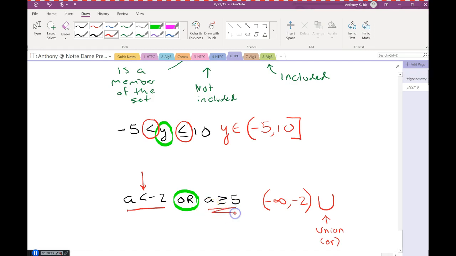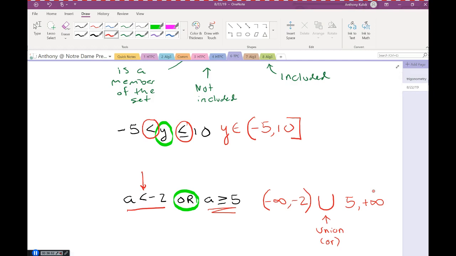Let's move on to the second part. a is greater than or equal to 5. What's the lower bound for a is greater than or equal to 5? 5. And the upper bound is positive infinity. I put a plus sign in front of the infinities when I write positive infinity. You don't need to do that for positives, I like to do it just to keep everything straight for myself.